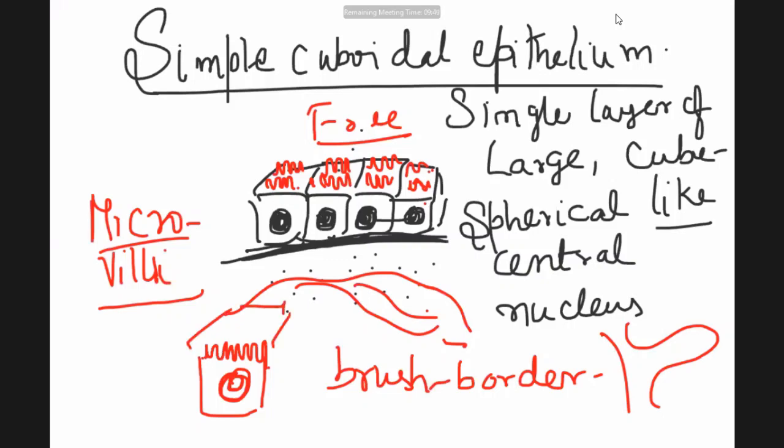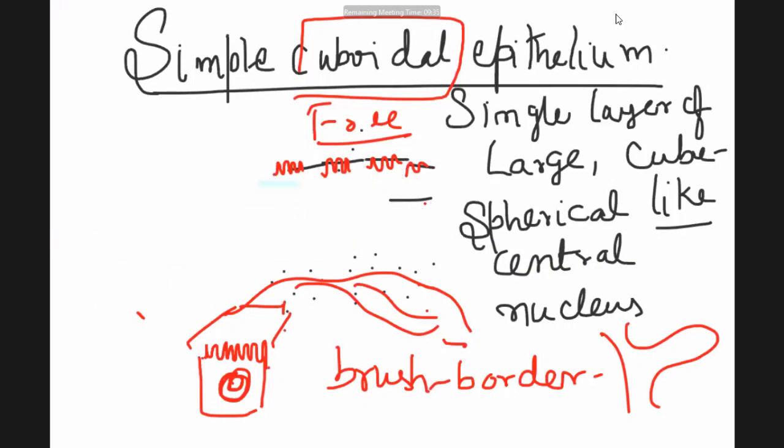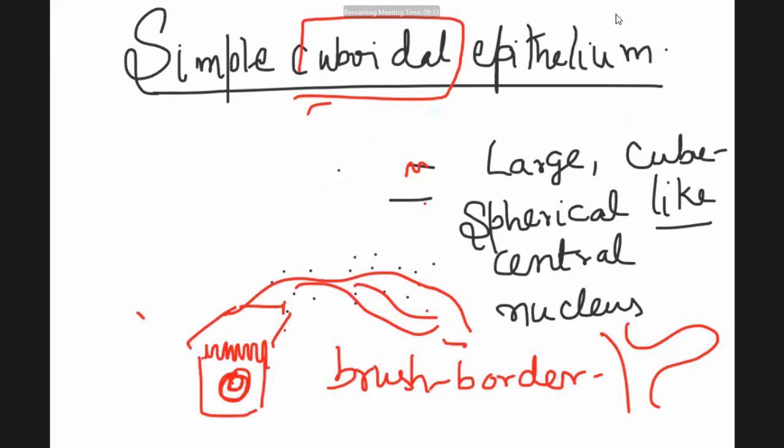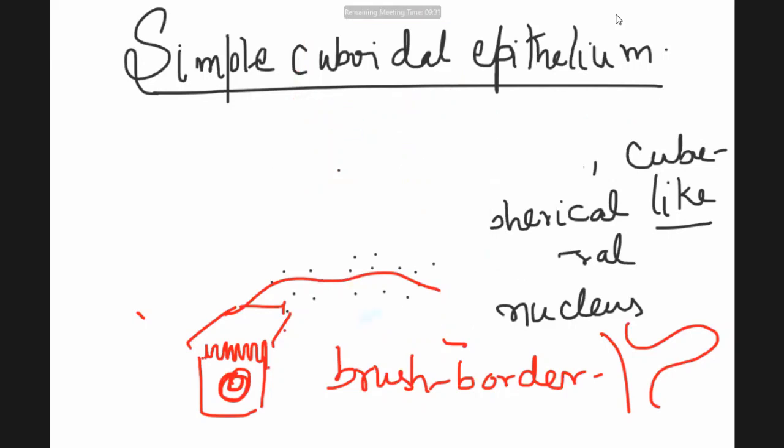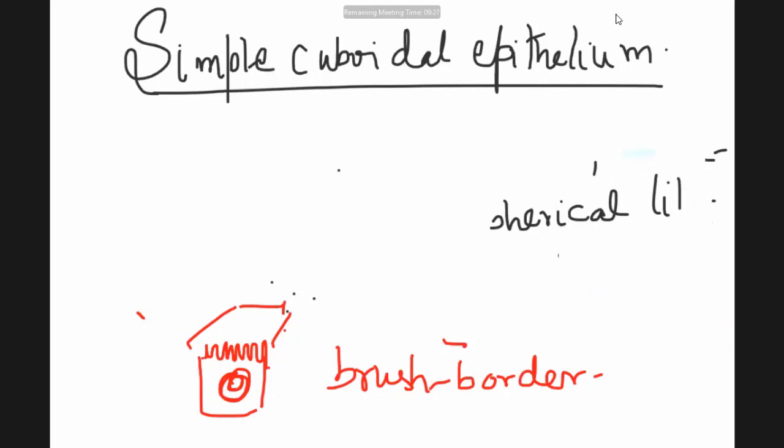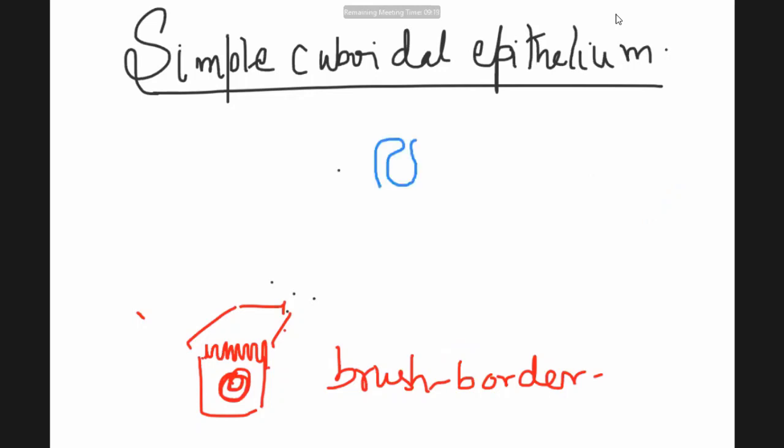Now, where do you find cuboidal epithelium? Note down: cuboidal epithelium with microvilli is seen in nephrons. And the parts of the nephron: this is the Bowman's capsule.